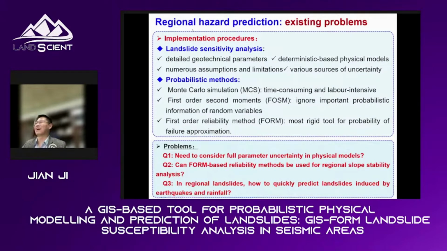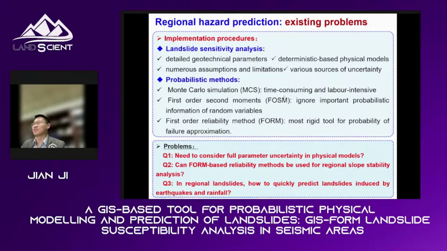And for regional hazard prediction, we have some existing problems, like difficulty implementing the probabilistic methods. Yesterday, I think another researcher already presented his work based on Monte Carlo simulation to account for soil uncertainties in landslide mapping.